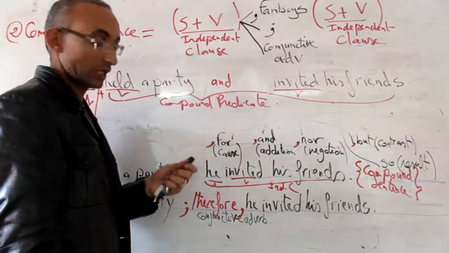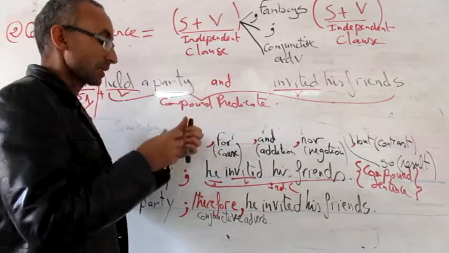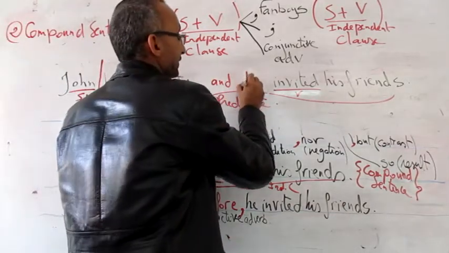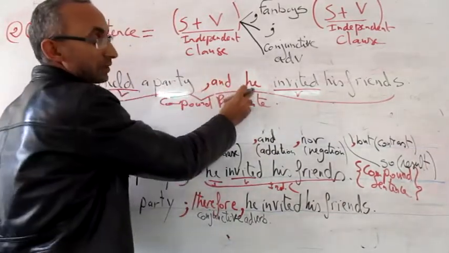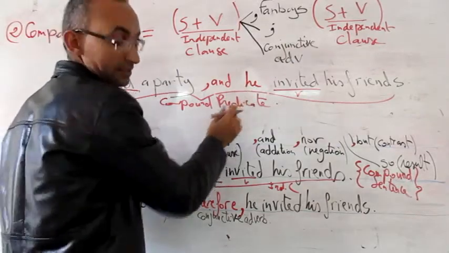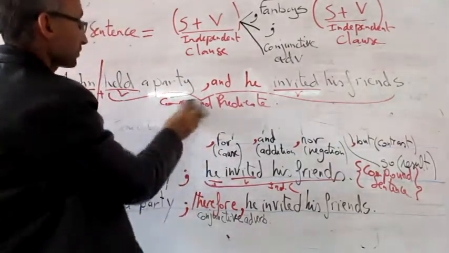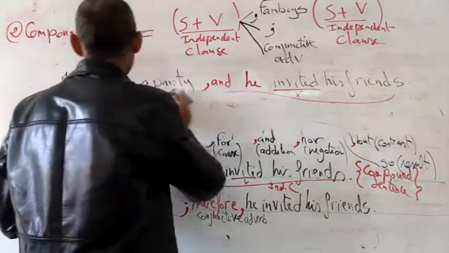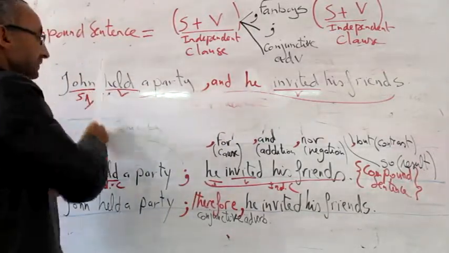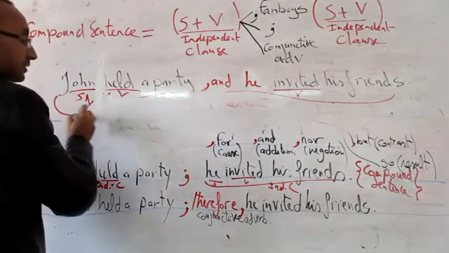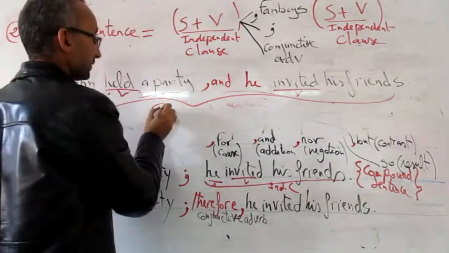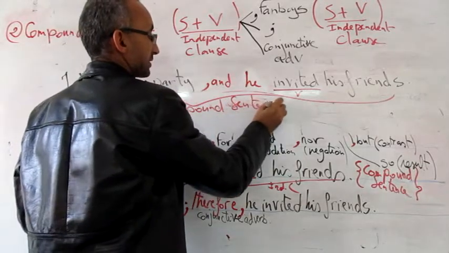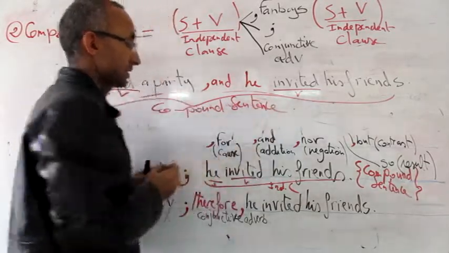Alright. So let's turn it into a compound now. Here I have a party and he. Now it has become what? All of it a compound sentence.